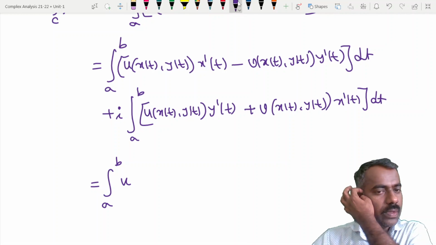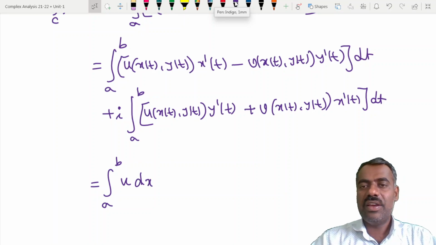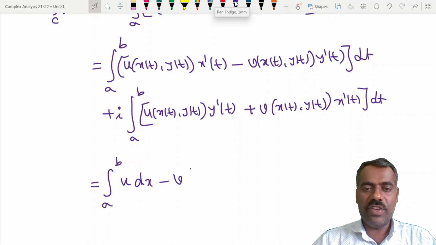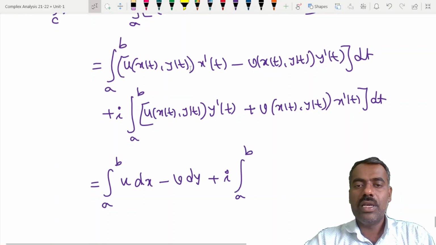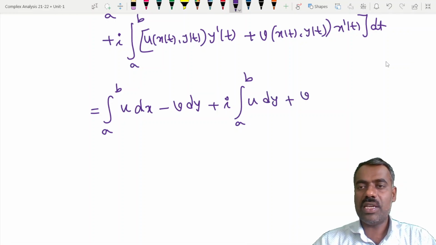So this becomes u dx. Similarly, v times y dash of t dt is nothing but dy, so this will become v dy. Similarly, u times y dash of t dt is dy, so u dy plus v dx.